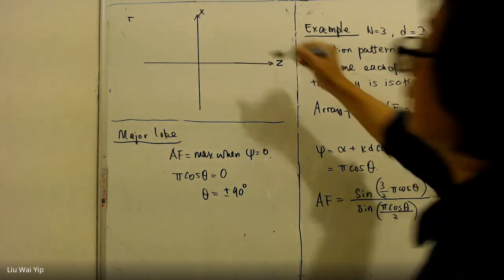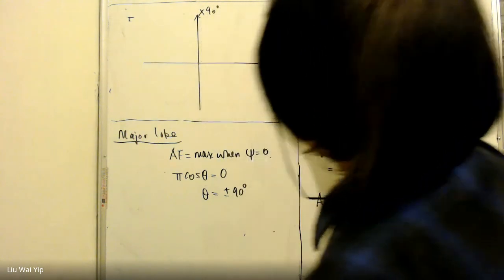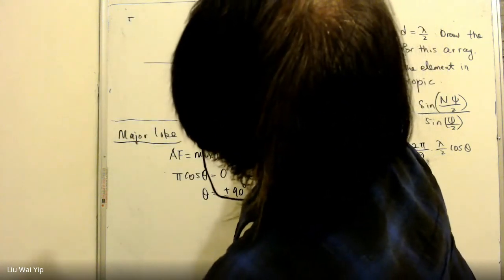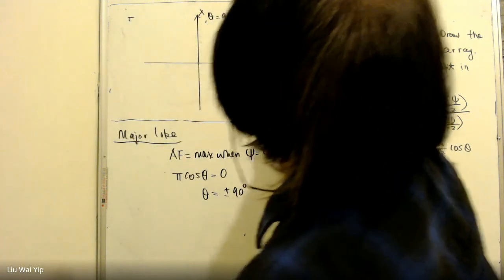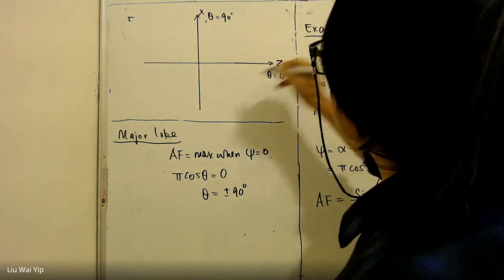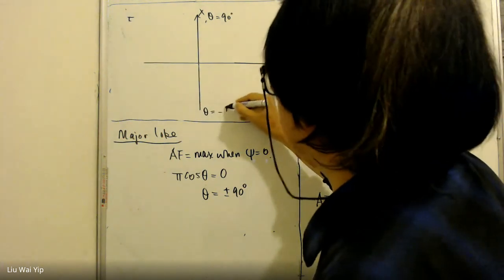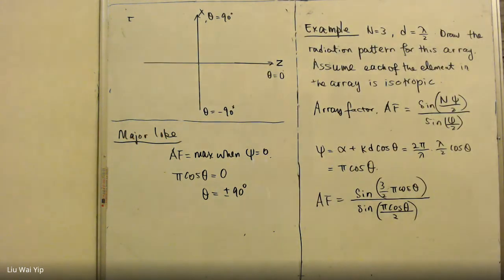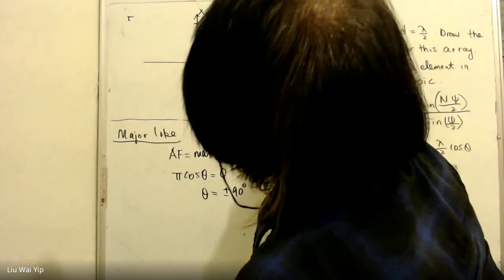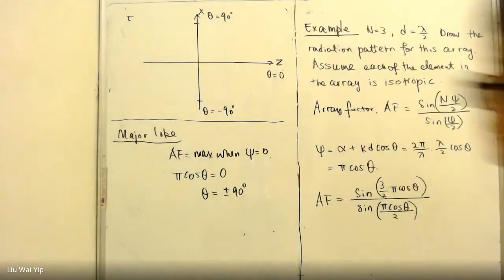So here will be 90 degrees, and here will be minus 90 degrees. So what we know is there will be a maximum at these two points.